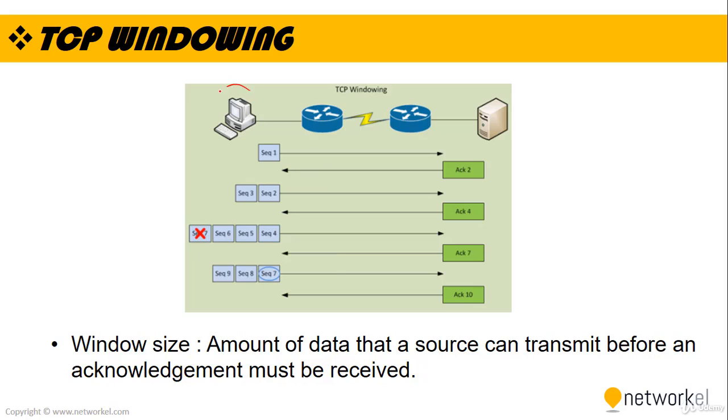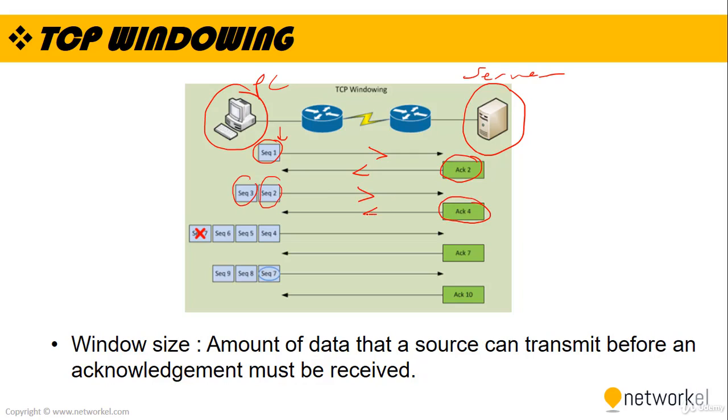As you can see here, there's a TCP session between the PC and server. The PC is sending a packet to the server, and the server acknowledges it. Then the PC sends packet 2 and packet 3, and the server responds back with an acknowledgement message again.